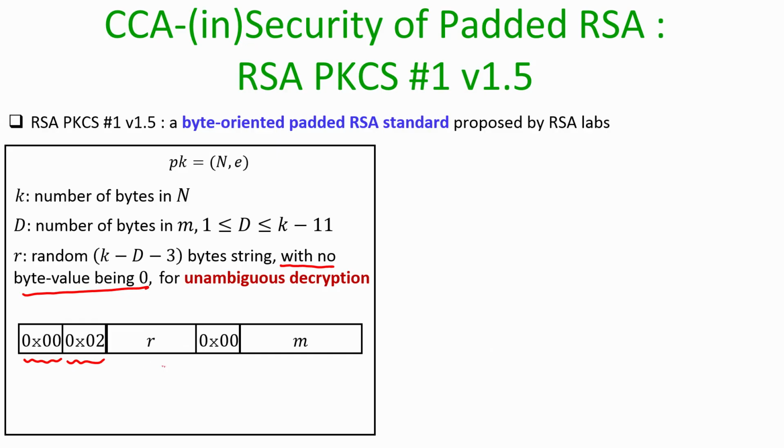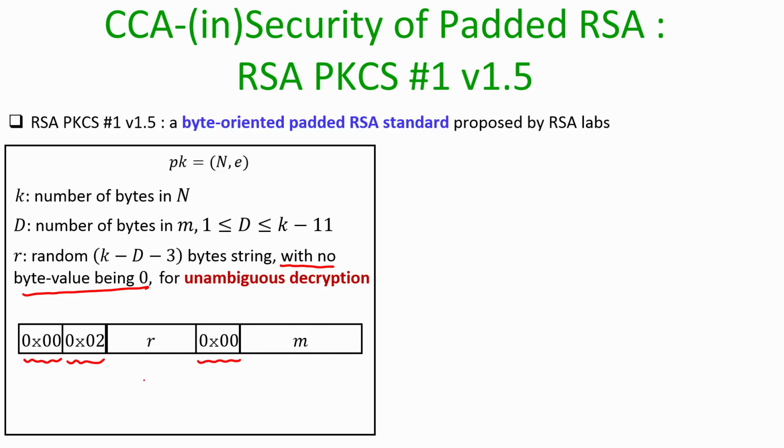Once we have inserted the random byte string little r, that is followed by again a publicly known byte representing the integer value 0. That tells you why we require that the random byte string little r should not have the byte value 0, because we are actually creating a kind of boundary for this random byte string.